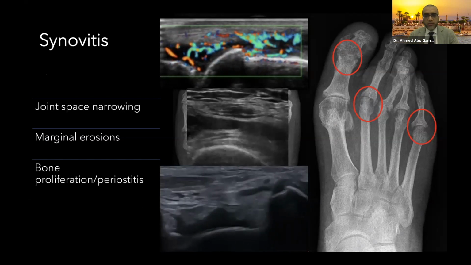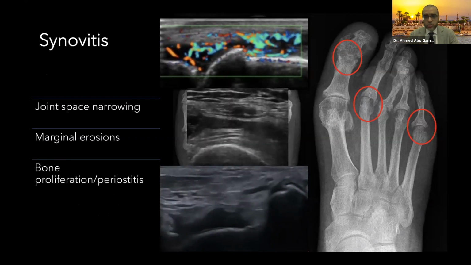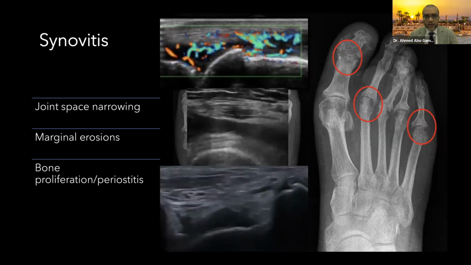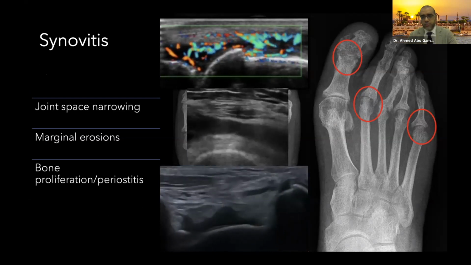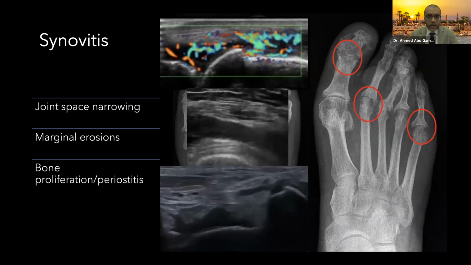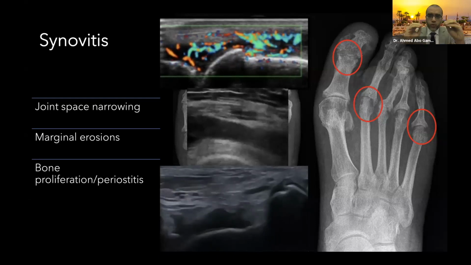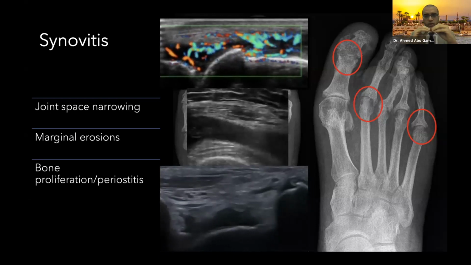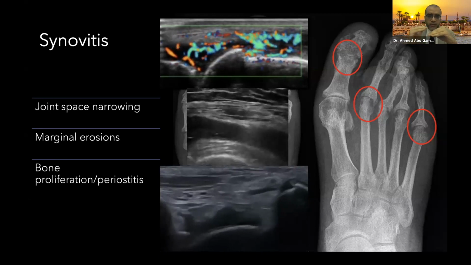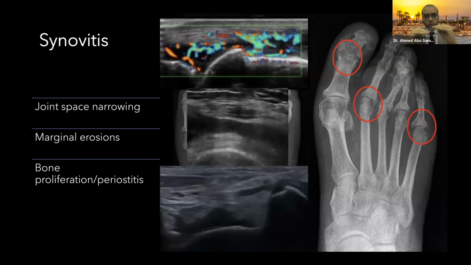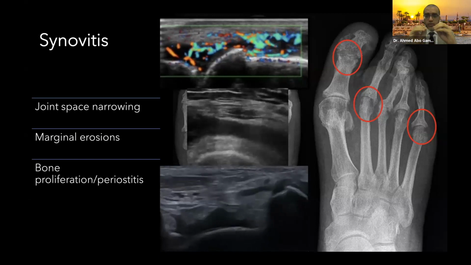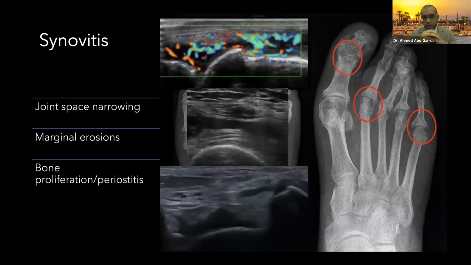But the joints in psoriatic arthritis usually have very unique characteristics in imaging. You have an impression which is not happening in other types of arthritis, which is a combination of bone resorption and bone formation in the same image. You can find joint space narrowing with marginal erosion with bone proliferation and periostitis, which is very unique for psoriatic arthritis lesions.